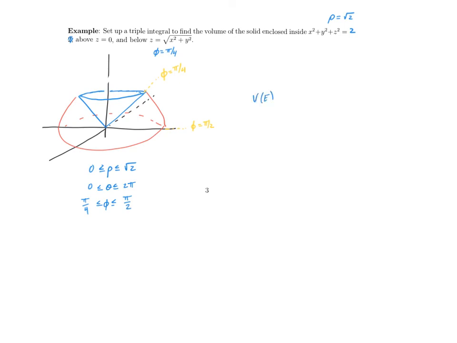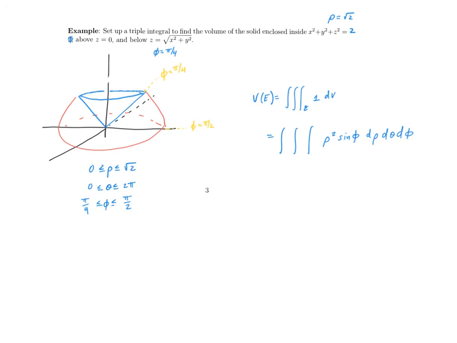So the volume of this solid E is the triple integral over E of 1. When we convert this to spherical coordinates, the dv, recall, is rho squared sine phi, which gives us an integrand. And then we have d rho, d theta, d phi. And once again, because our rho, thetas, and phi's vary between constants, this order is going to be irrelevant.